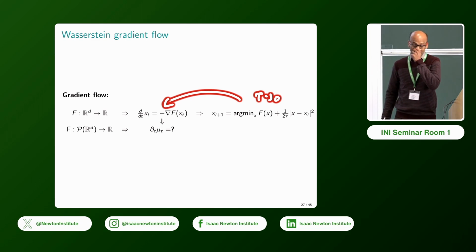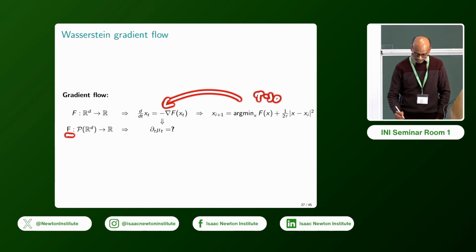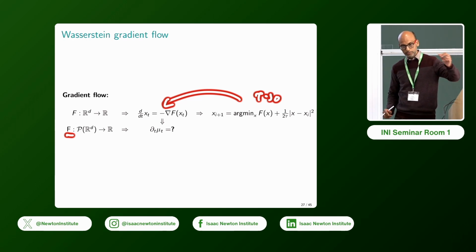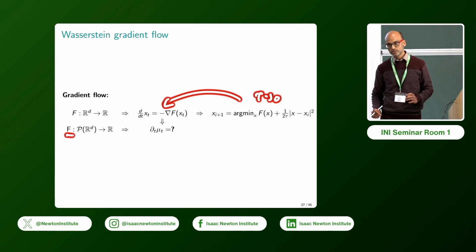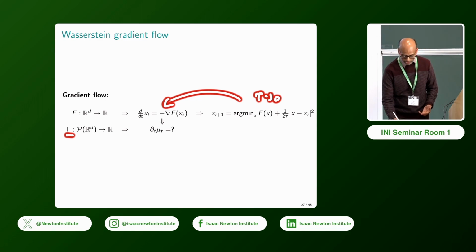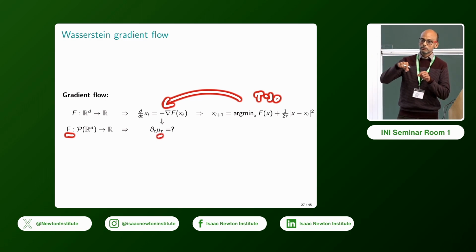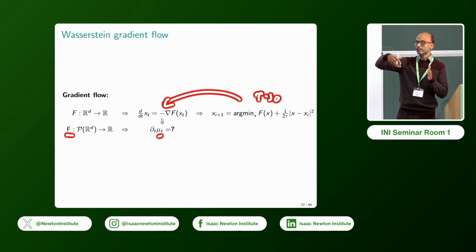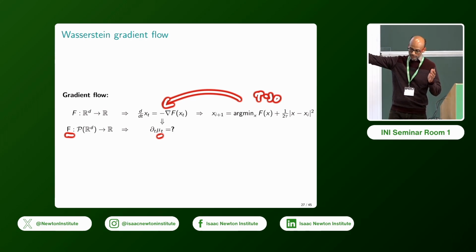Now let's consider a functional F that is defined on the probability space. I want to define this type of flow on the probability space, which means I have a curve. As I evolve over time, this curve takes different values in the probability space.